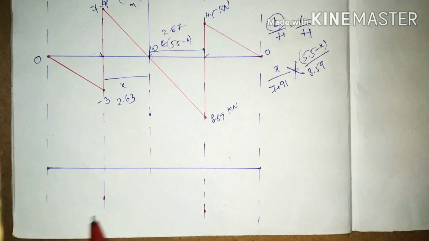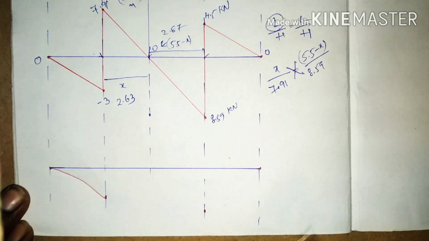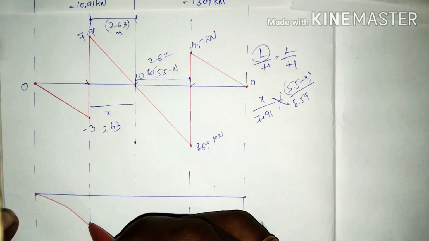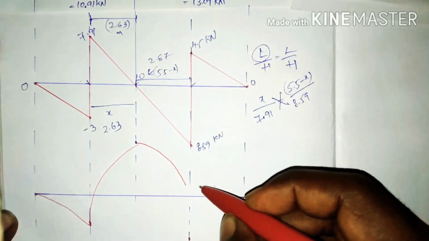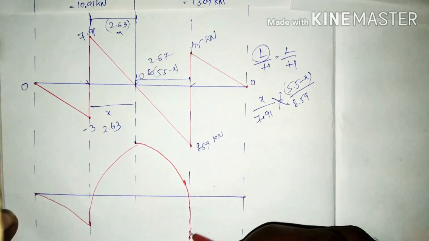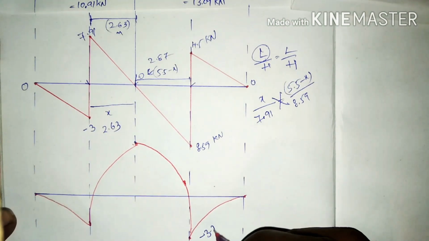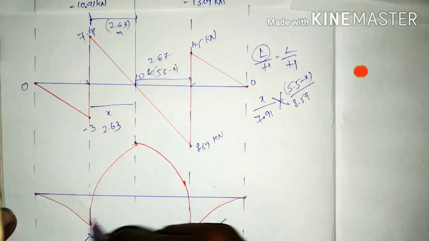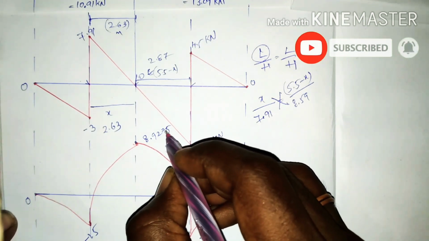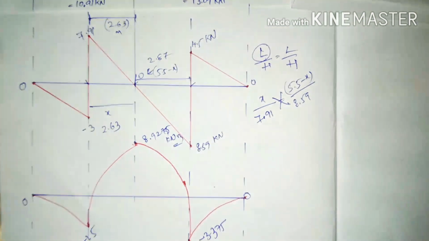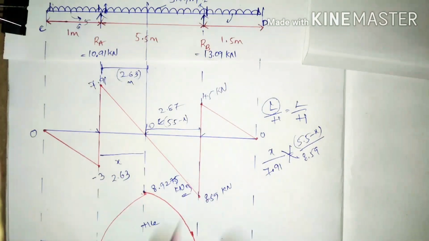Here we are going to draw curved lines, because the beam has a UDL, so we are getting parabolic lines for the bending moment diagram. The values are going to be like this: minus 3.375, minus 1.500. Here it is 8.92795 kilonewton meter. Here this is our bending moment diagram, and this is our shear force diagram.